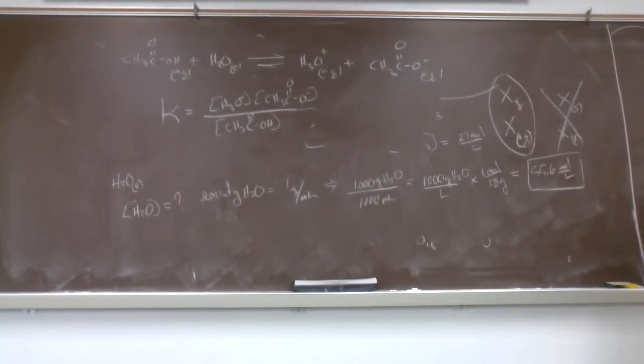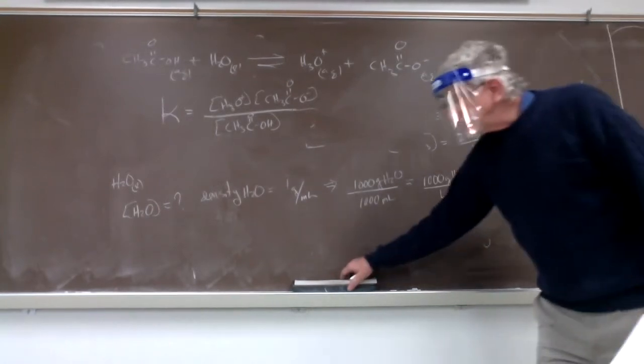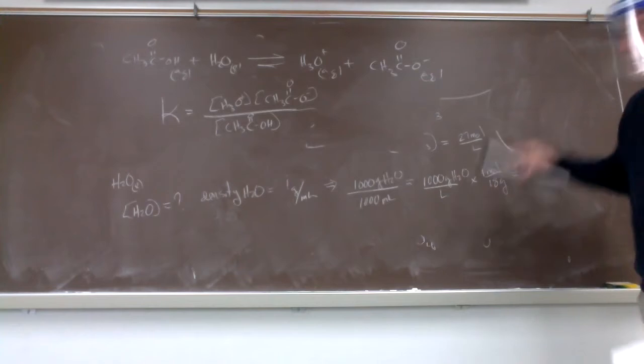Okay. It may seem like it's straining at a little detail, but it's the difference between having the right value and the wrong value and making the problem come out correctly versus not. Okay, so that's that. Any questions on this?